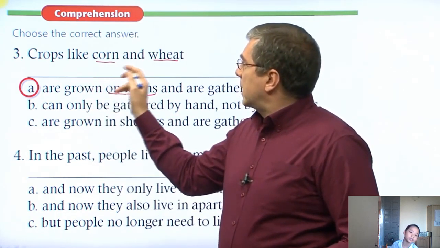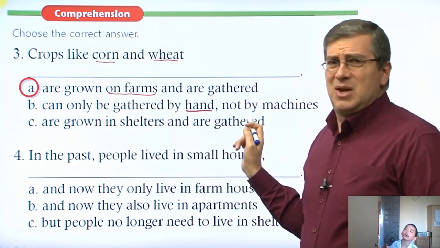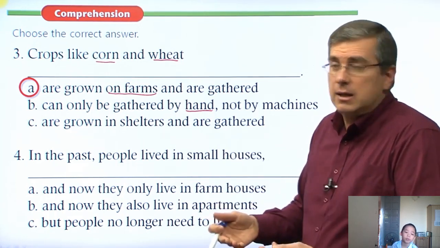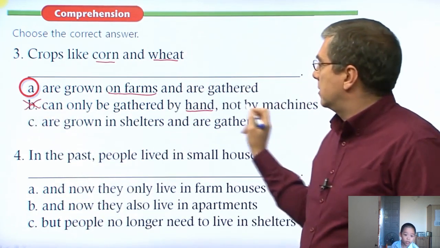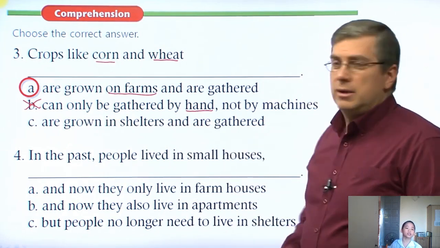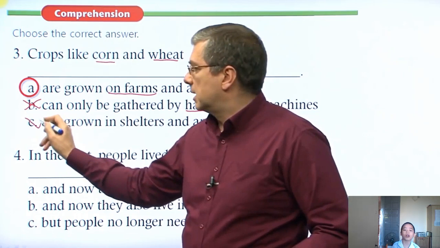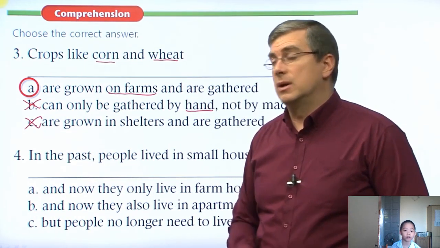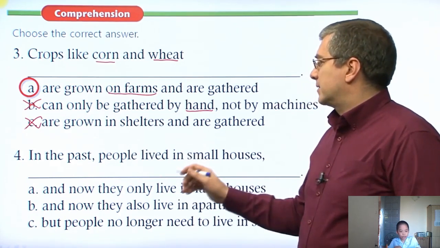Crops like corn and wheat can only be gathered by hand, not by machines. No, in the present, people still use machines to gather crops. Crops like corn and wheat are grown in shelters and are gathered. No, they are not grown in shelters. They are grown on farms. So C is not our answer either. A is our correct answer.